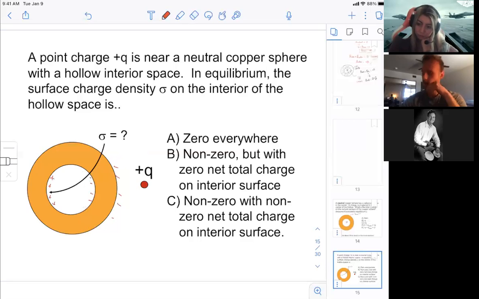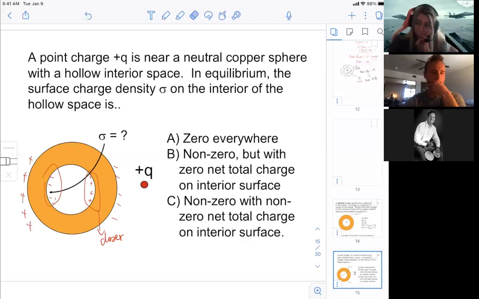So on the inside on the right you would get positive, and then negative on the left on the inside, if that makes sense. But wouldn't I argue these are still closer than these? Even if it's inside, it's still at a closer distance to positive Q than these negatives.